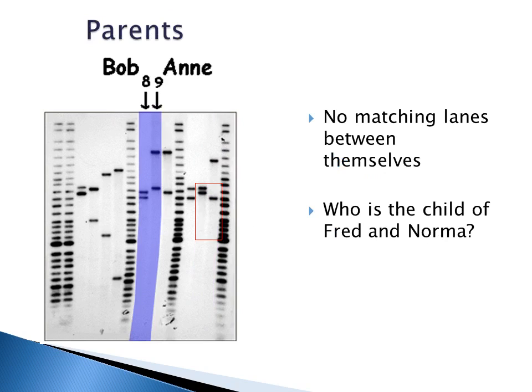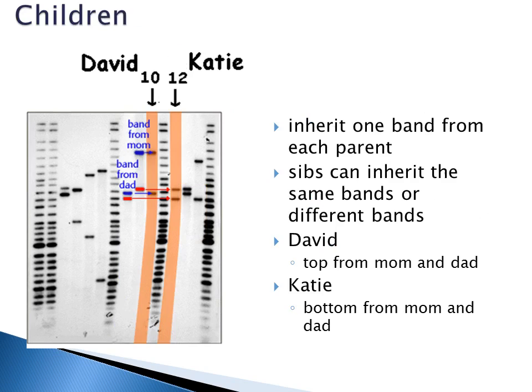So you could see Fred and Norma's bands, and then you could look at Bob and Ann, and either Bob or Ann is the child of Fred and Norma, and it's actually Bob that is the child of Fred and Norma, because Bob has one band that matches Fred and one band that matches Norma.